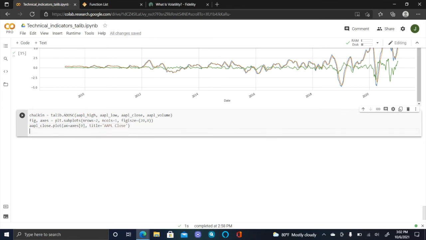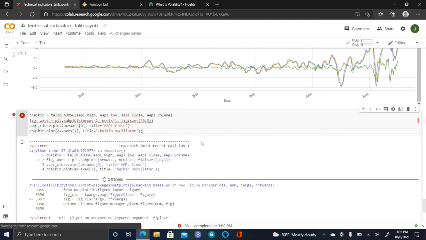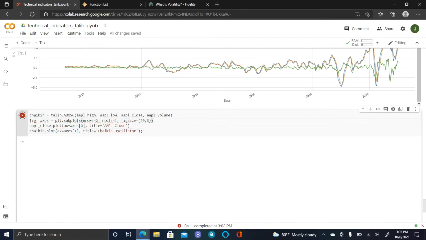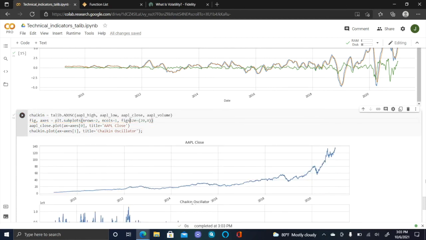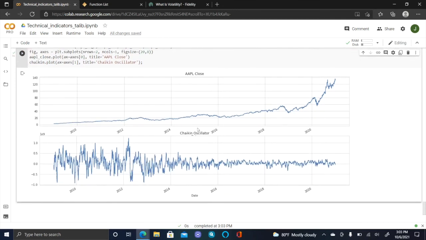And we want to plot this oscillator on the bottom. And let's have a look at that. There we go.